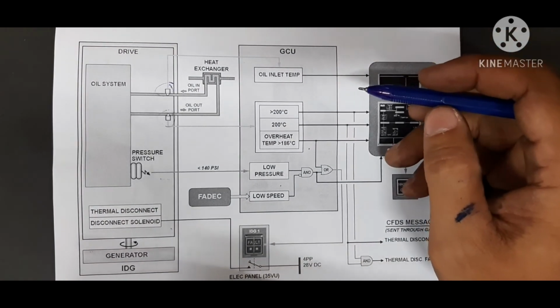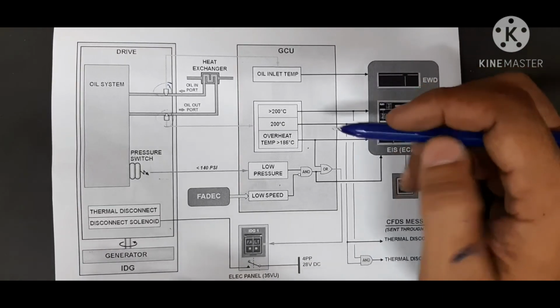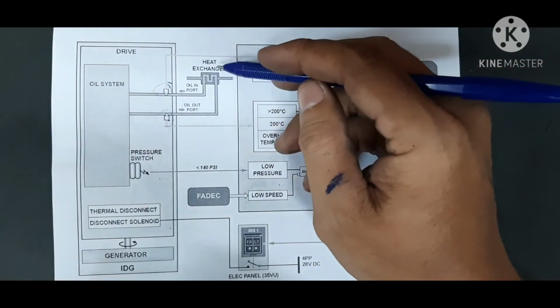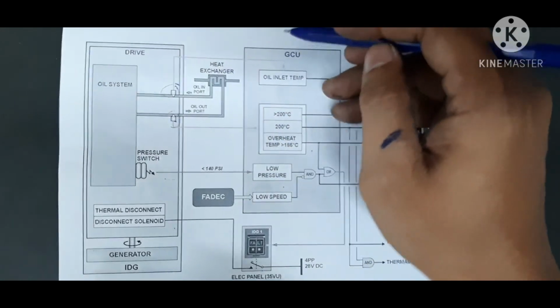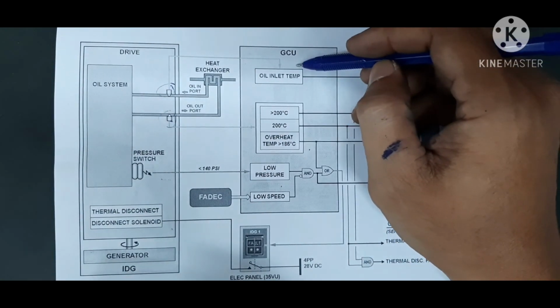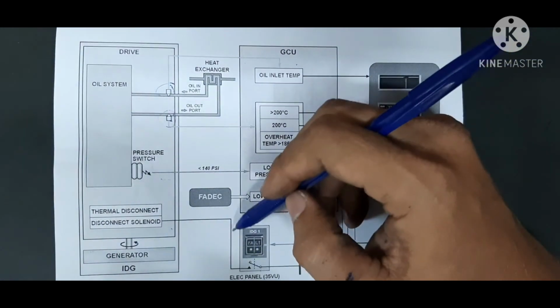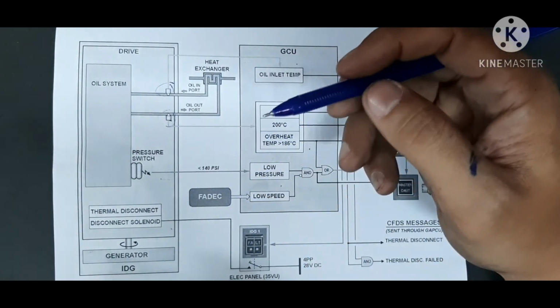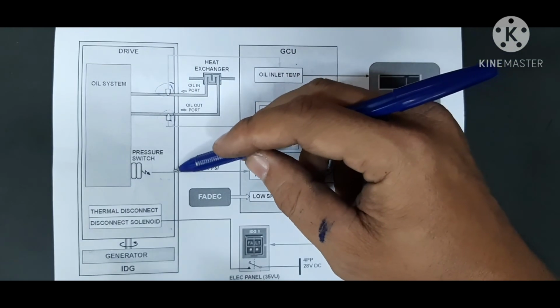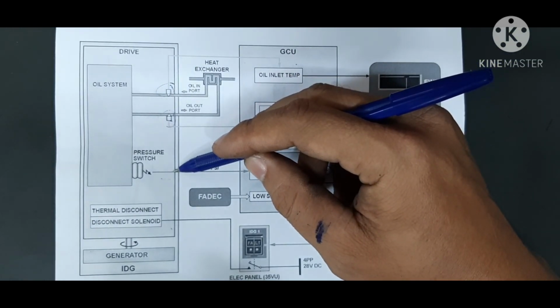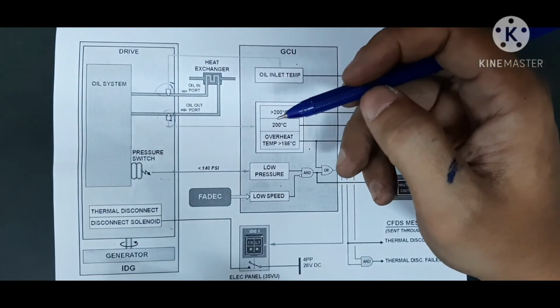Okay, another monitoring function is the oil temperature bulb reading, which is sent to the GCU via connector B. The disconnect solenoid uses connector A, while pressure switch discrete information is sent by connector C.